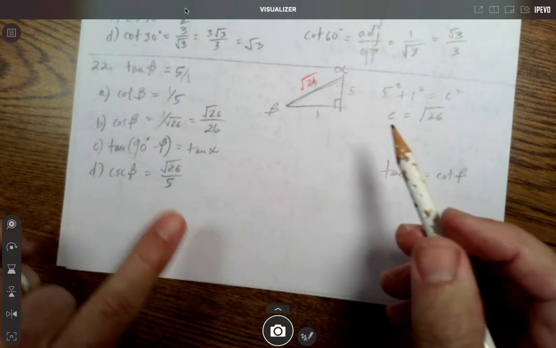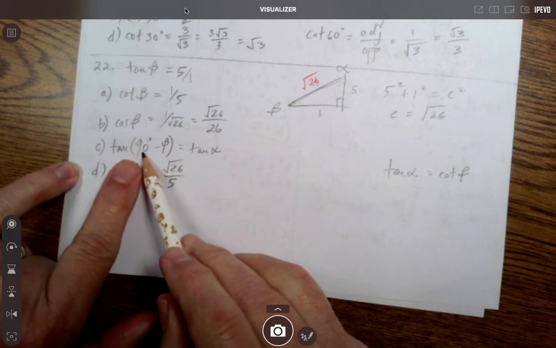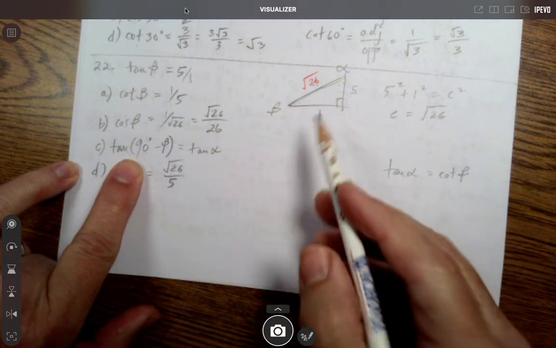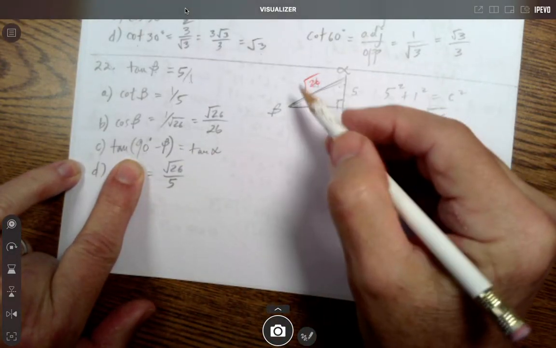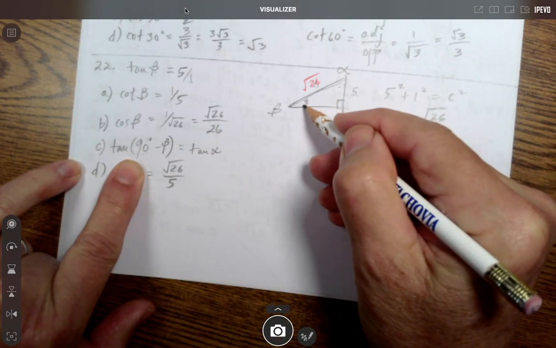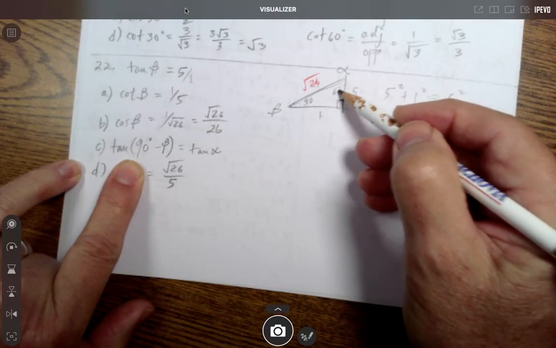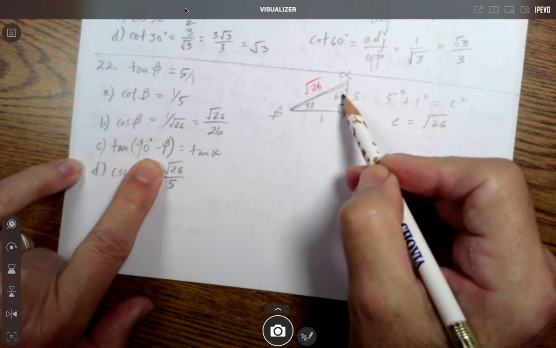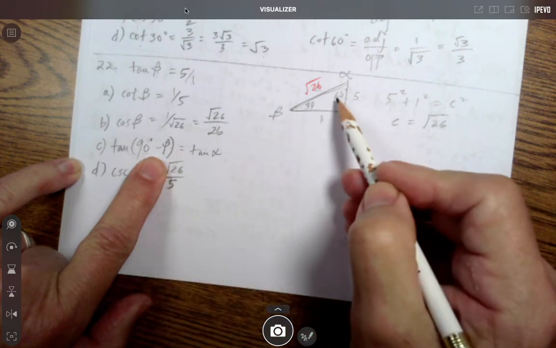All right, so I'll prove it for you. Okay. So we know we got 90 minus beta, right? So let's pretend beta was 30. If this angle, I'm not saying it is, but if it were 30, then this one would be 60, right? So if beta is 30, then this other one's 60. So if I do 90 minus 30, well, then that's 60.